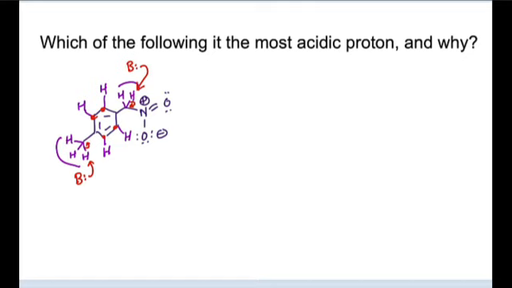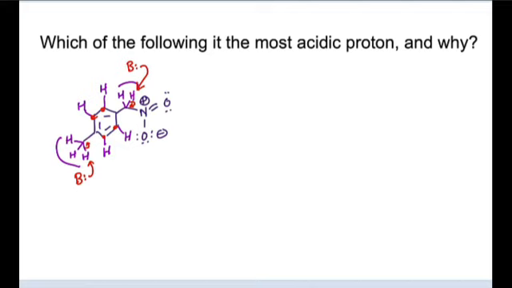And here I'm going to guess that there's more resonance, because not only am I going to be able to have the resonance that the other position did through the benzene ring, but I've also got the ability to delocalize these electrons through the nitro group as well.